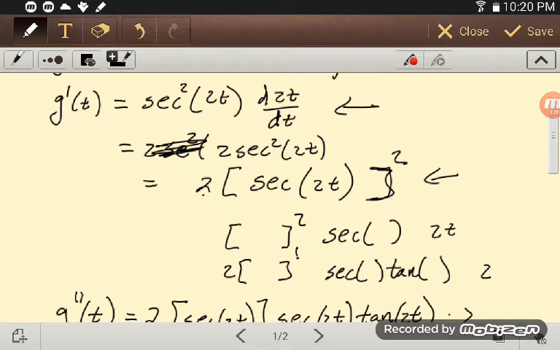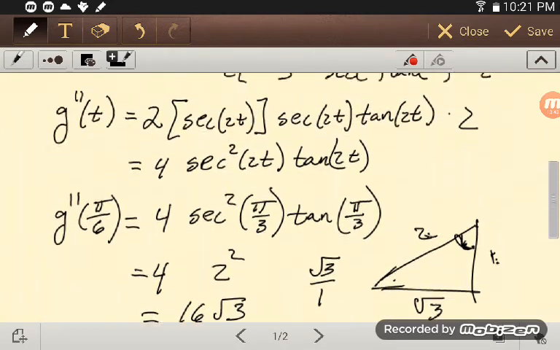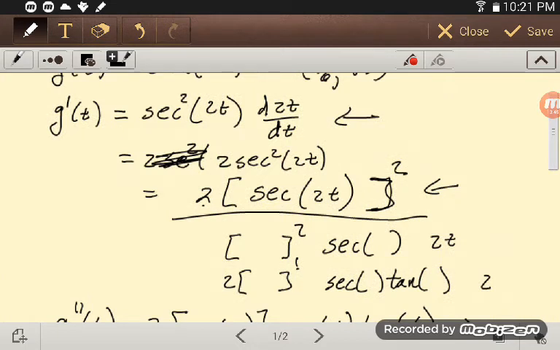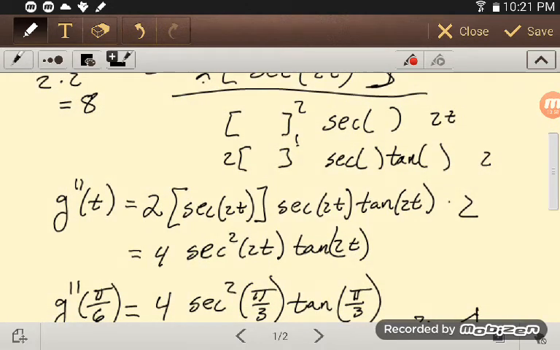Again, we had this 2 secant of 2x, or 2t. t was pi over 6, so this was secant of pi over 3. We decided down here that secant of pi over 3 was 2. And so we have 2 times 2 squared, which is indeed 8. So that's looking good. It looks like we did okay there.